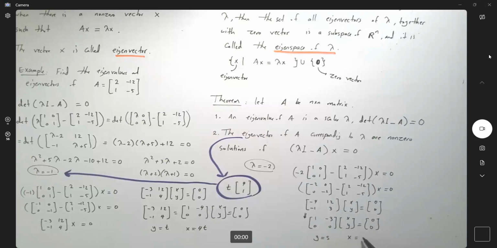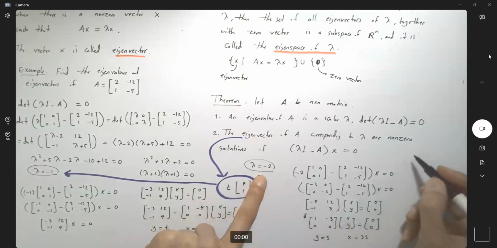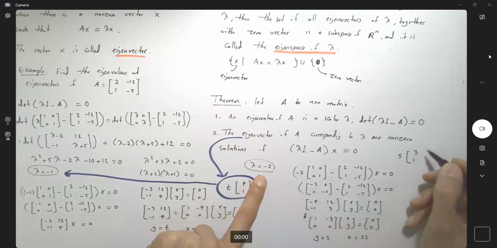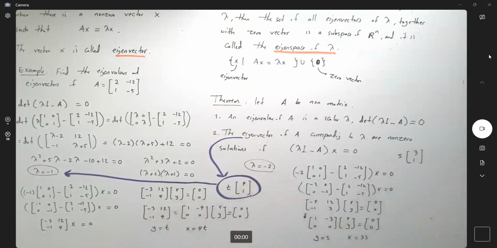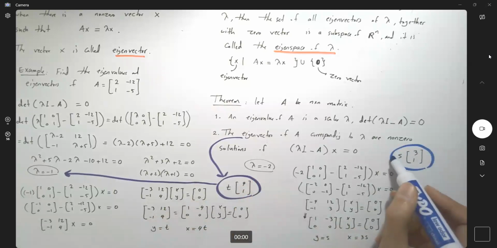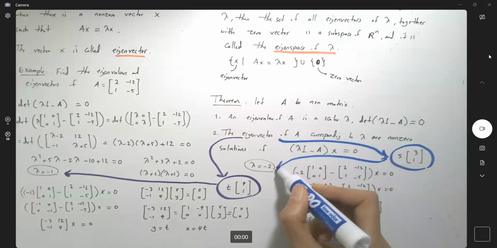You get x equals 3s. So all the vectors associated to lambda equals -2 are in the form of s times the vector 3 and 1. These are your eigenvectors for eigenvalue -2.